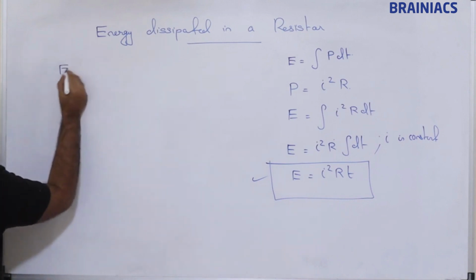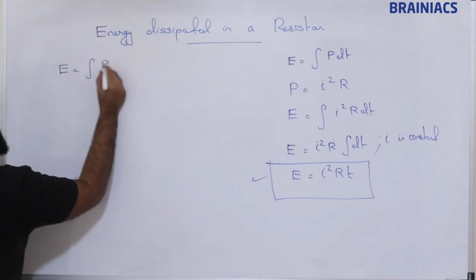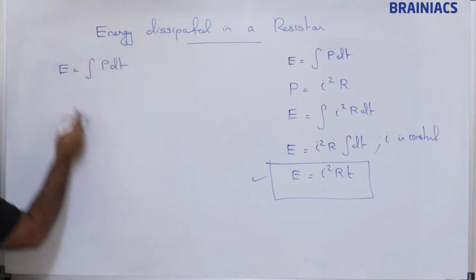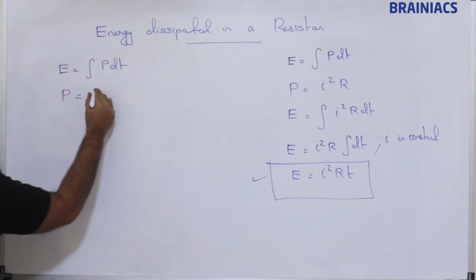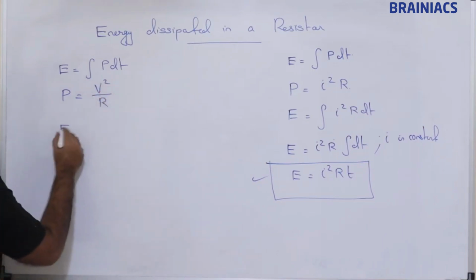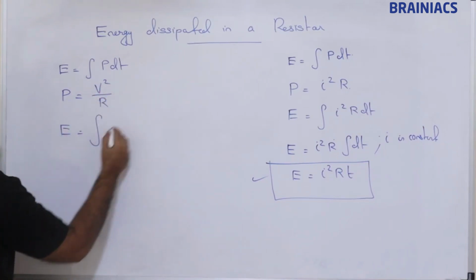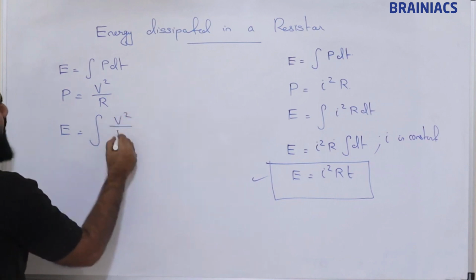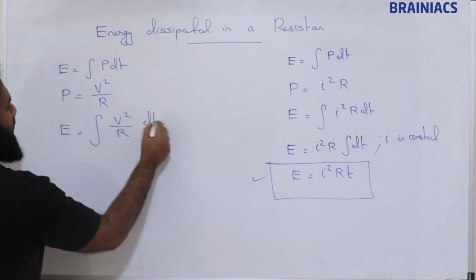Same thing, E is equal to integral P dt. Suppose power is written as V square by R, then E is equal to integral V square by R into dt.